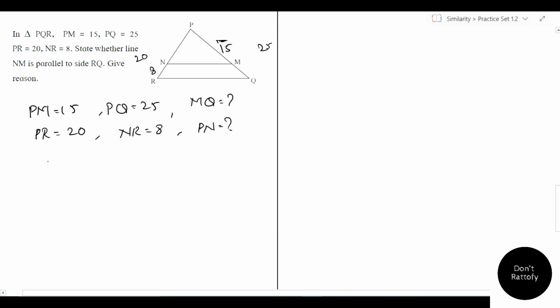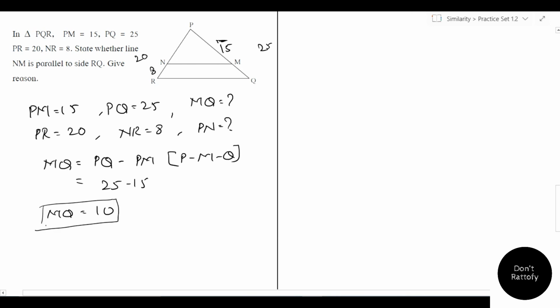If I want to find MQ, it is basically PQ minus PM, because there is a betweenness of P, M, Q. So MQ is equal to 25 minus 15. MQ is equal to 10.